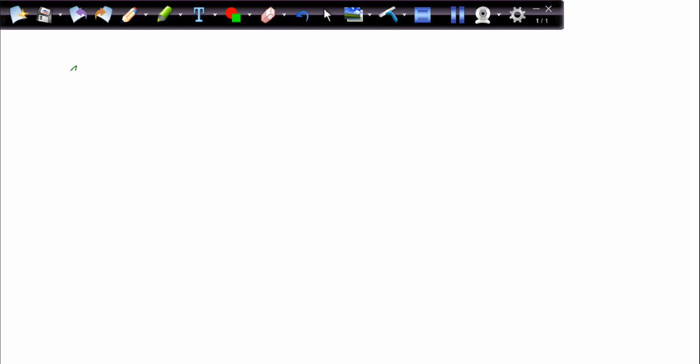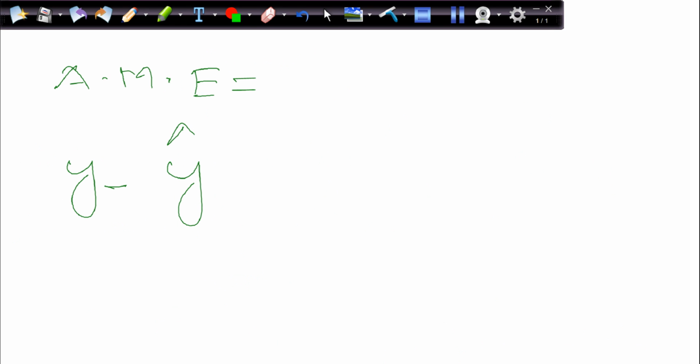The absolute mean error is equal to, let's say y is our actual value and y hat is our predicted value, right? And for observations i equal to 1 till n, for the ith observation I have yi and y hat i. So this is my error, this is my e of i here, right?